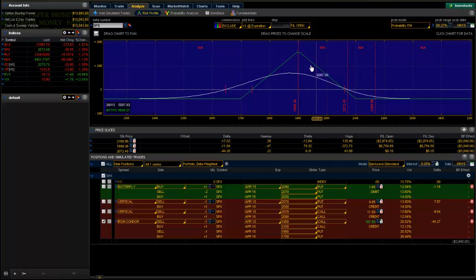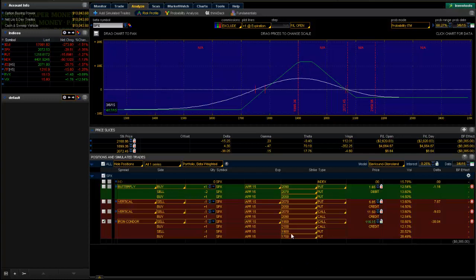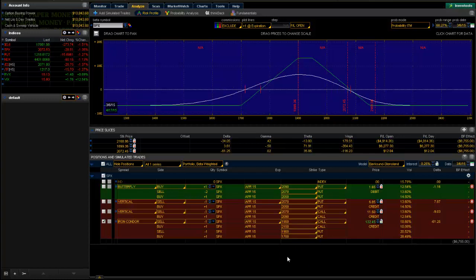If I wanted to move this farther away, if I move this up 50 points to say 1950 and 2150, well, look what happens. You see, now you're starting to spread the distance between your short strikes, here at 1900 and at 1950.